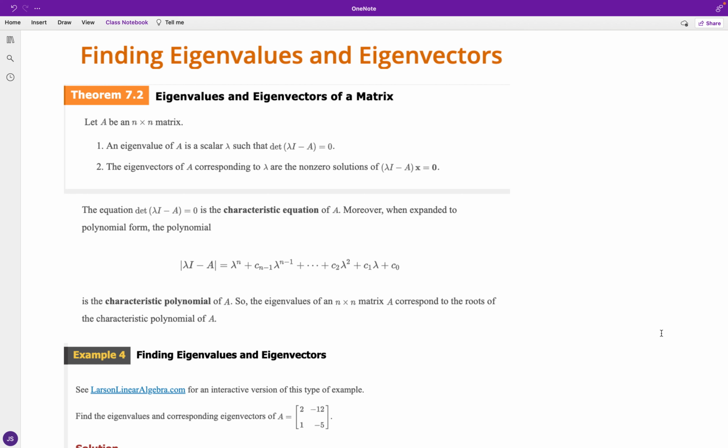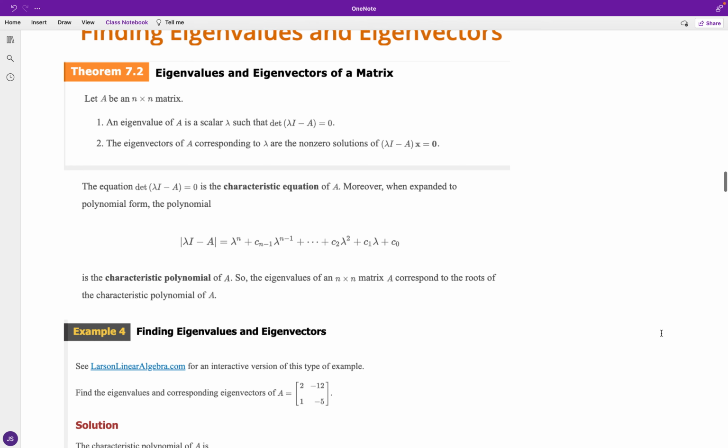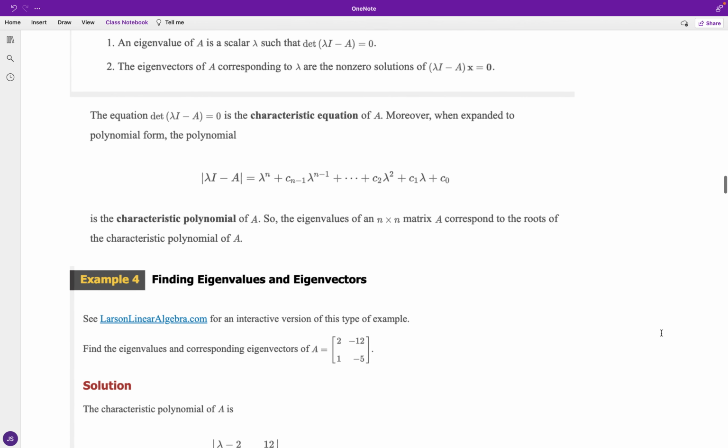The determinant of lambda I minus A is the characteristic polynomial of A. So the eigenvalues of an n by n matrix A correspond to the roots of the characteristic polynomial of A. And now, a sample of finding eigenvalues and eigenvectors.